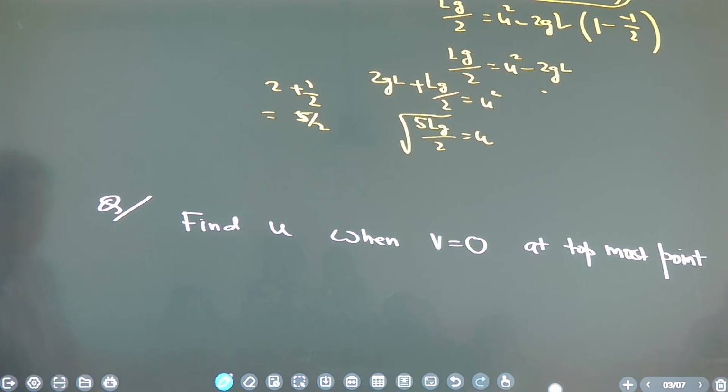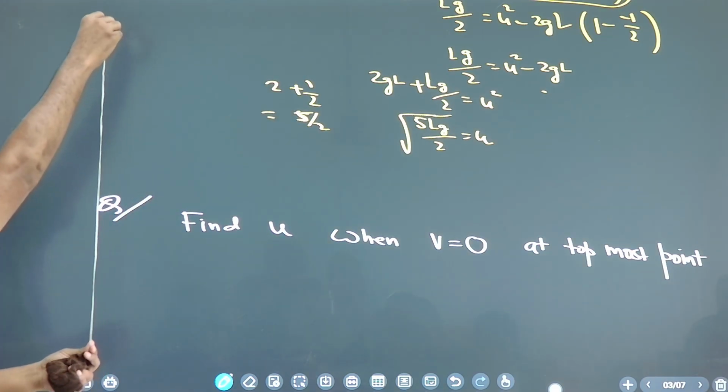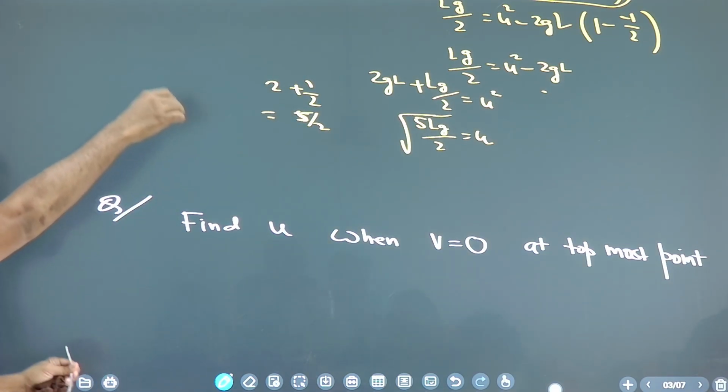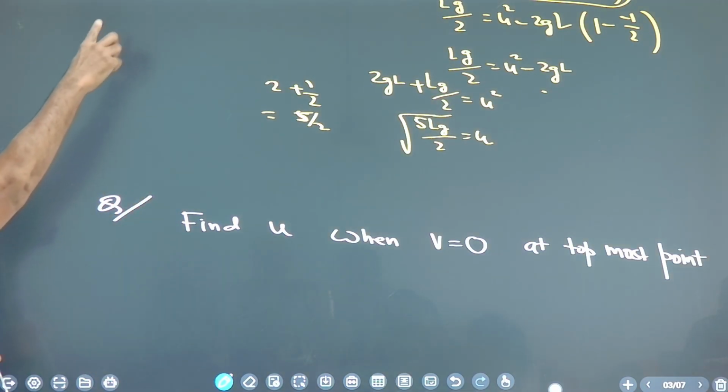Velocity becomes 0 at the highest point. Now here it will go up to here, velocity becomes 0, and it will fall. Okay, it will go up to here, velocity 0.